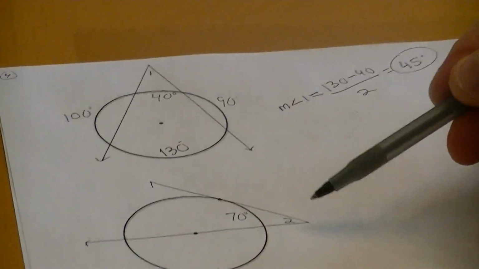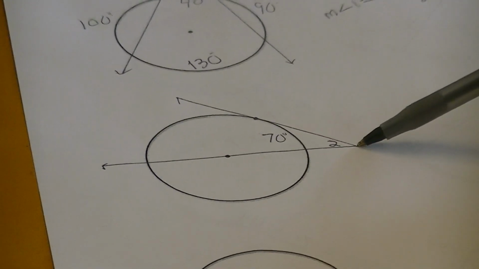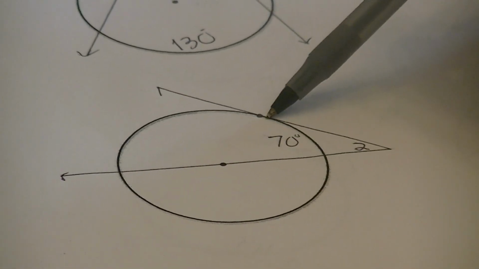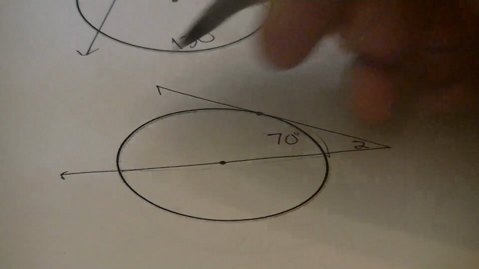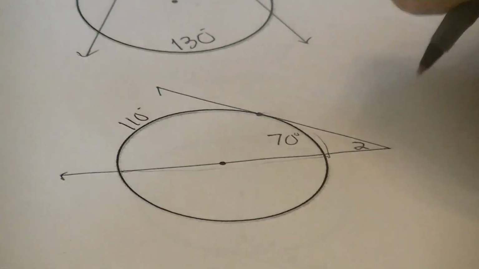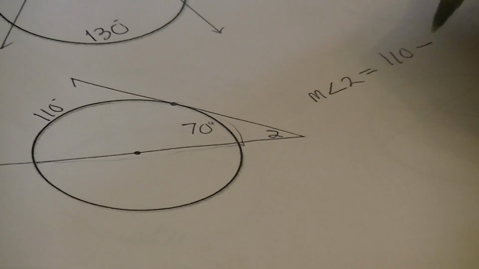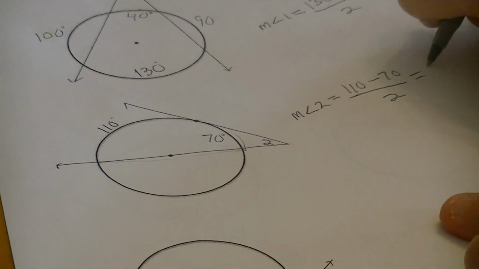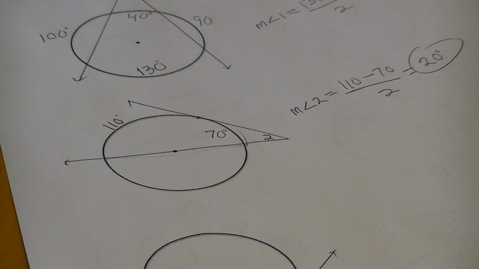Try this one here. Angle 2, outside the circle. So again, I want to subtract the arcs that are in that angle and divide by 2. Thanks to this diameter, I know that if that's 70, this arc is 110. So the measure of angle 2 is going to be the big arc minus the small arc divided by 2. I guess that's 20 degrees. 20 degree angle.